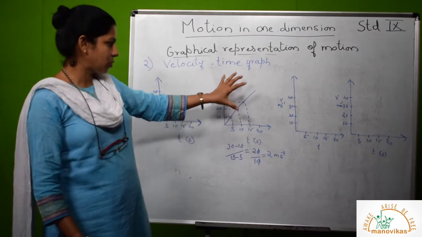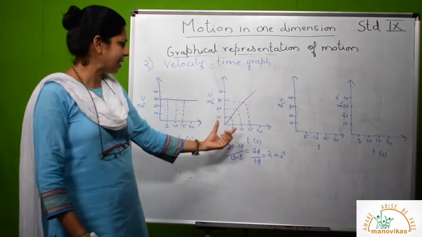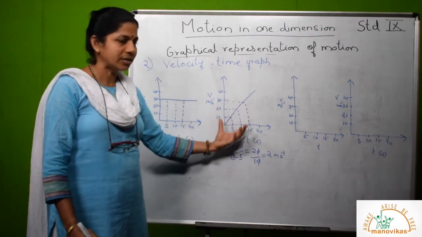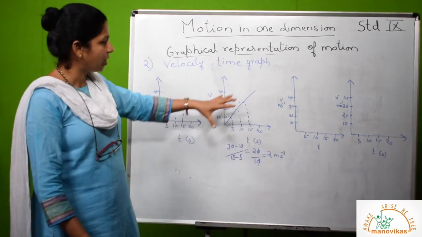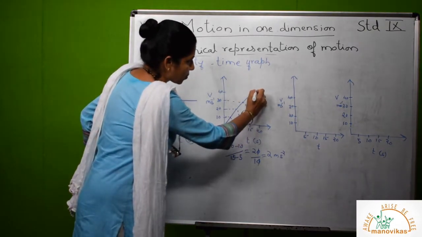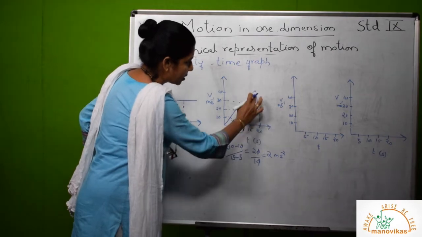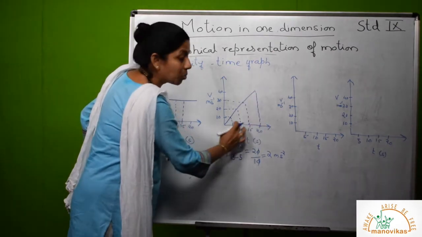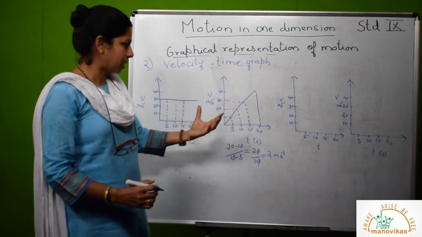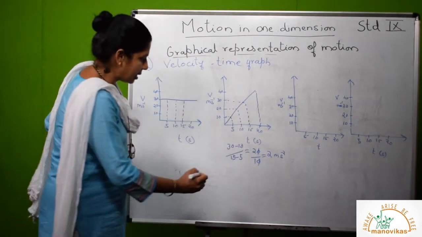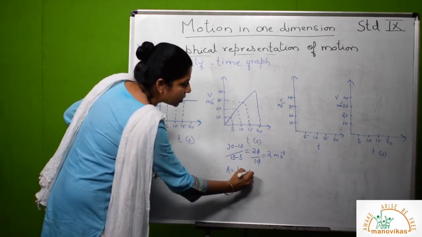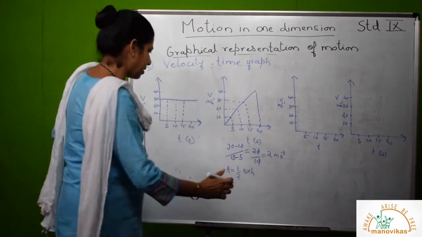Other information that you get from such a graph is that you can find out the distance covered, or the displacement. For that you need to find the area enclosed under this graph. If I draw a line here like this, this forms a triangle. So you will have to use the formula for the area of a triangle, which is half base into height. That will give you the distance covered.